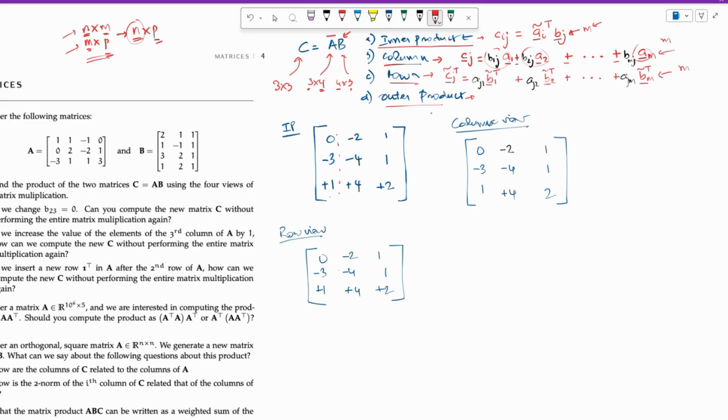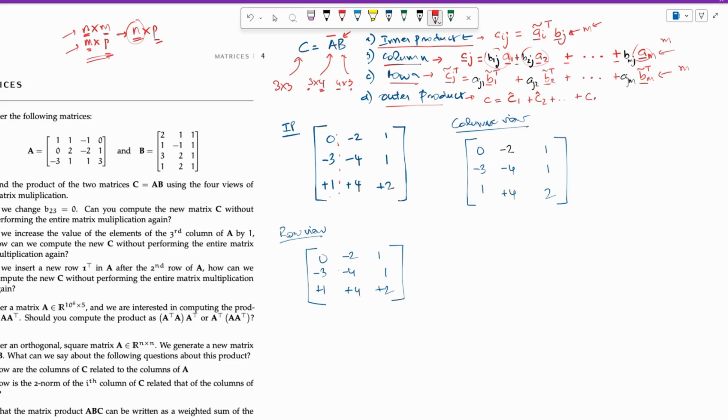In the outer product view, you will essentially be adding n cross P matrices. Okay. So C, your entire matrix will be, I'm going to call it, they don't have a symbol, but I'm going to call it C cap 1, C cap 2.